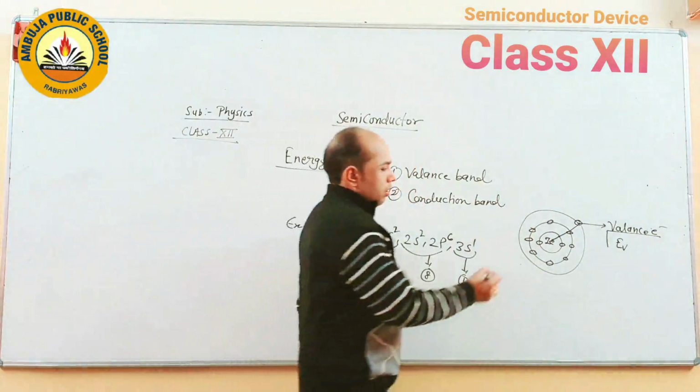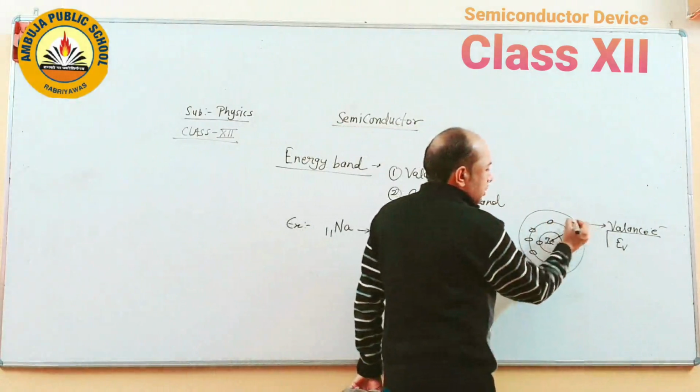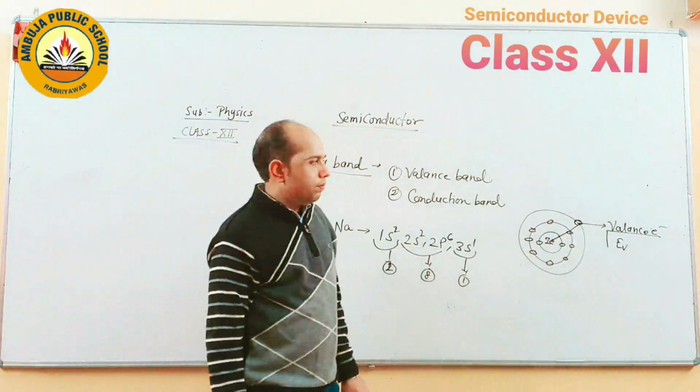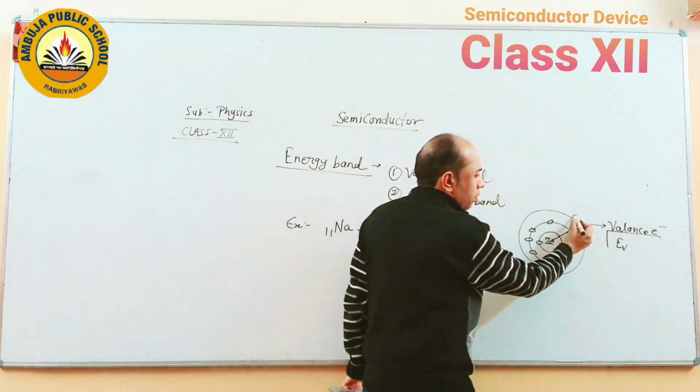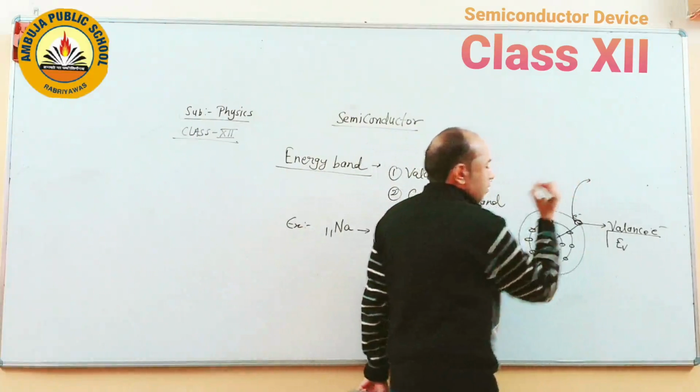Okay. Now this outermost electron interacts weakly with the nucleus. That is why when some thermal energy is supplied to this electron, it becomes free.